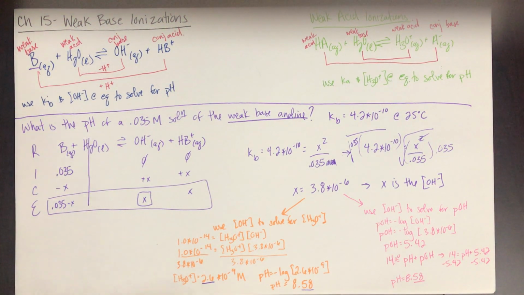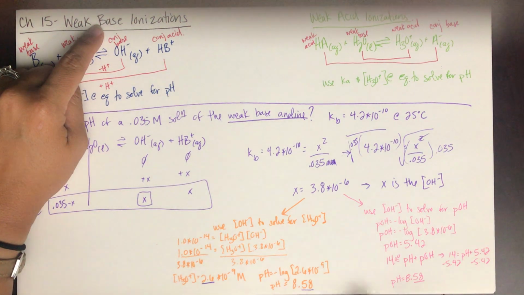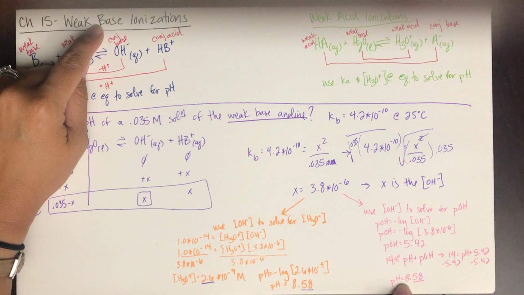Something else that you should always be thinking about, because it is easy to get in the habit of doing these calculations without really thinking what the numbers mean: this is a weak base ionization. So think about bases. We know that bases have a pH that is greater than 7. If you are doing a weak base ionization and you get a number that is less than 7, that is an acidic pH.